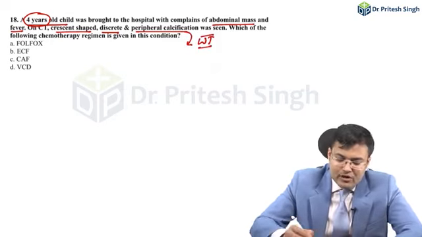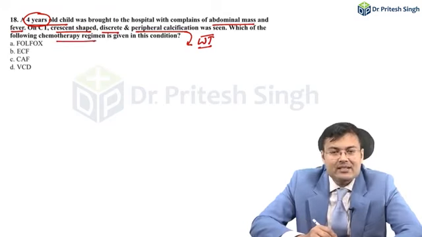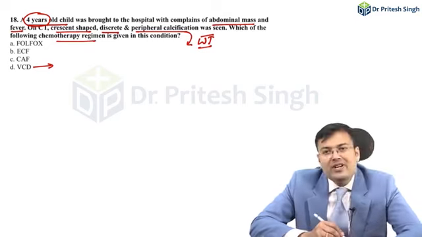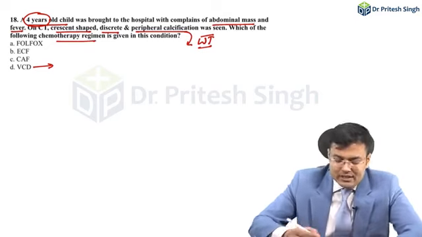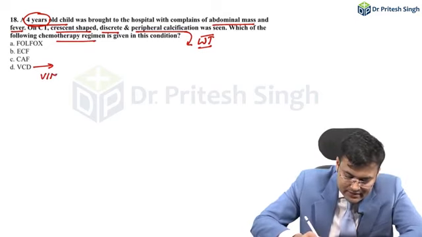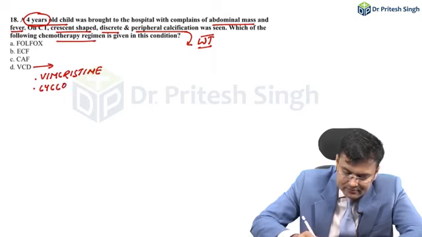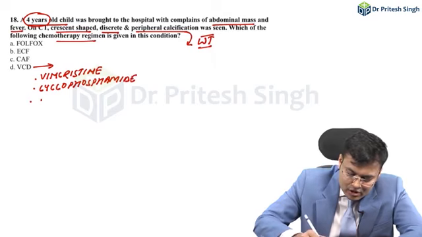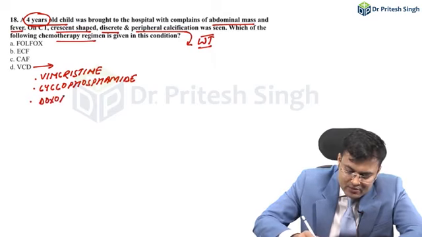Now, which of the following chemotherapy regimens is given in this condition? In Wilms tumor, we give which regimen? VCD. What is this VCD? This is vincristine, cyclophosphamide, and doxorubicin or dactinomycin.